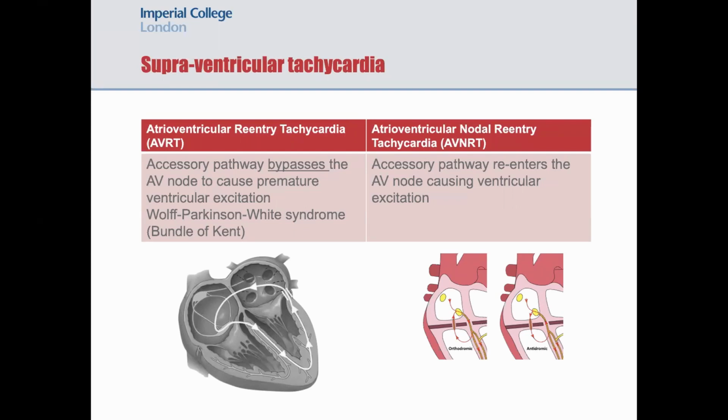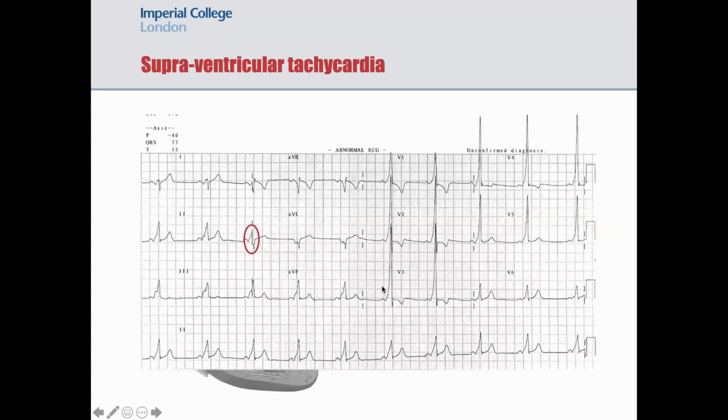And as I mentioned, Wolff-Parkinson-White syndrome, so I've just got an ECG here to show you. If you look at the QRS in the red circle, you can see that the QRS is slightly broad, and the upward stroke is not exactly like the ones we've seen before.